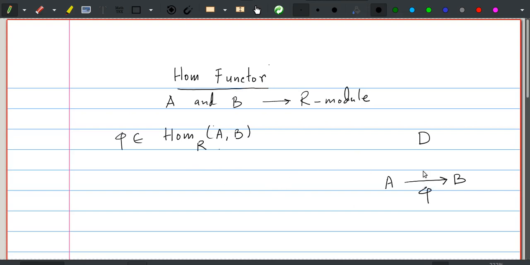Now if we have a module homomorphism phi, this induces a module homomorphism phi star from Hom(D, A) to Hom(D, B).